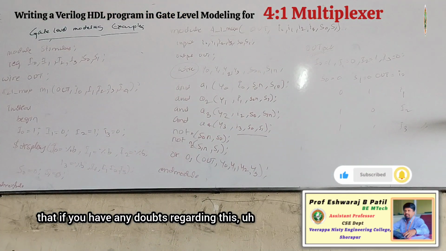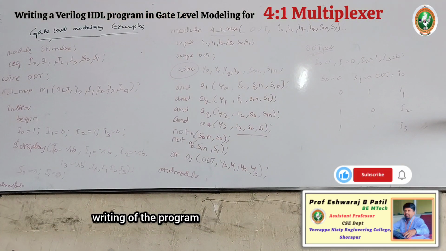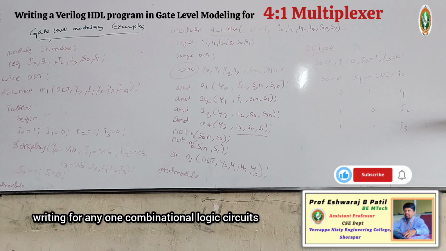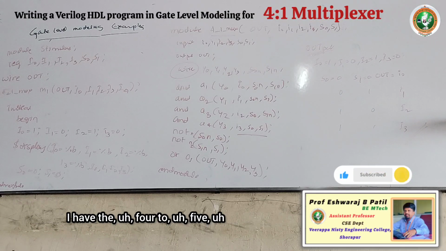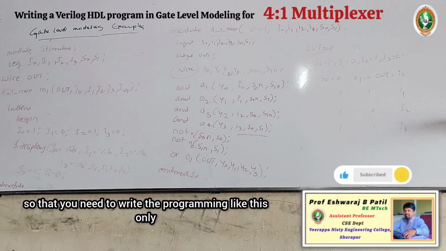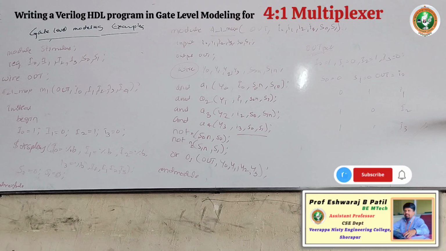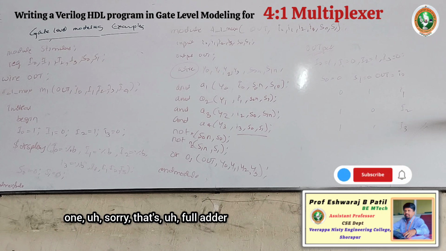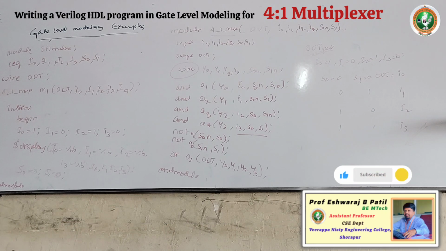If you have any doubts regarding writing the program, if you know the programming for any one combinational logic circuit, you can write the remaining ones. I have 4 to 5 combinational logic circuits, and you need to write the programs like this only. Okay, and now I'll start with the 4-bit full adder.